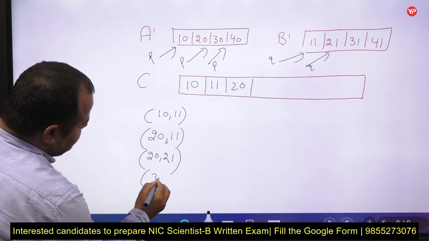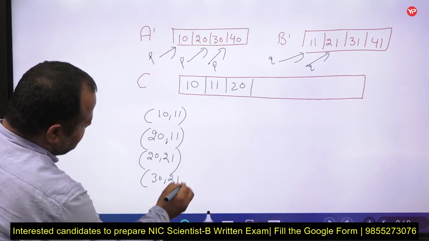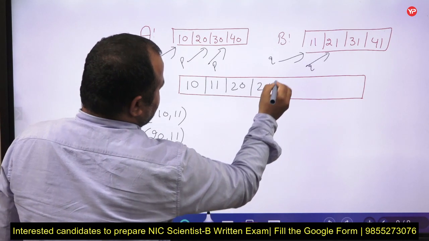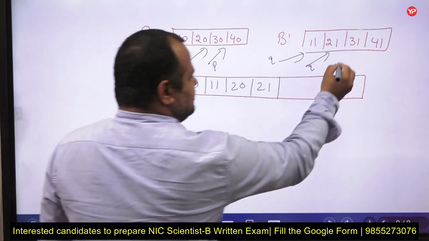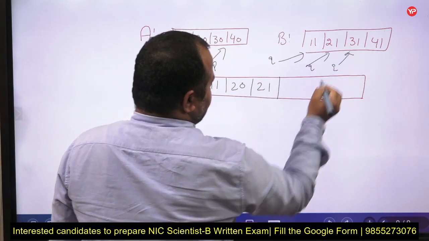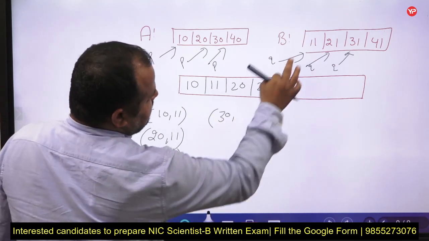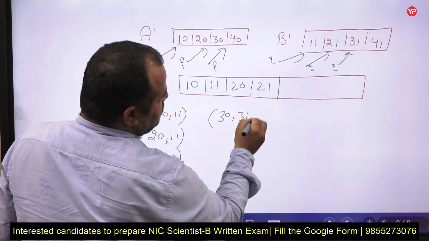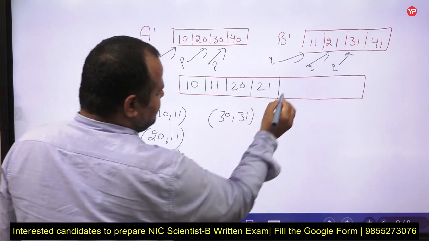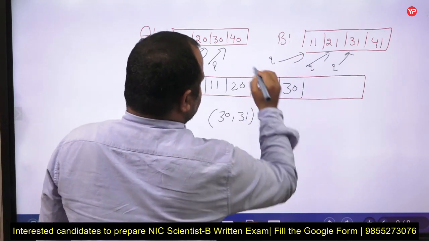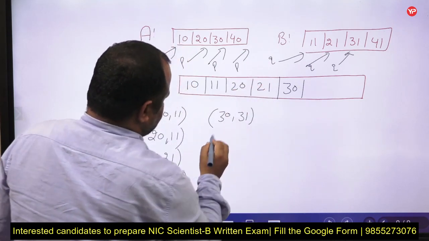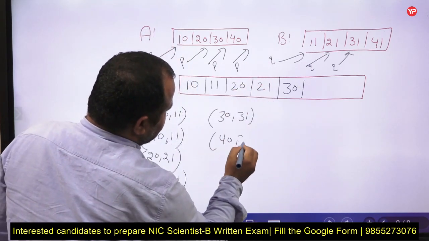Next comparison is between 30 and 21. So 21 is smaller, so increment the pointer Q. Next comparison is between 30 and 31 because Q points to 31. So which one is smaller? 30. So next comparison is between 40 and 31.